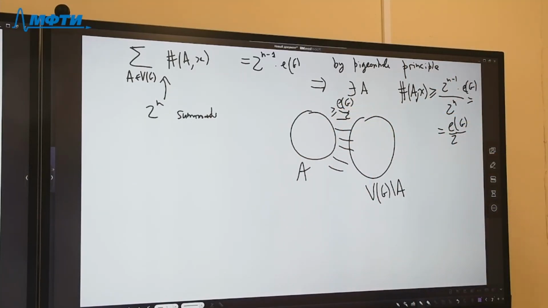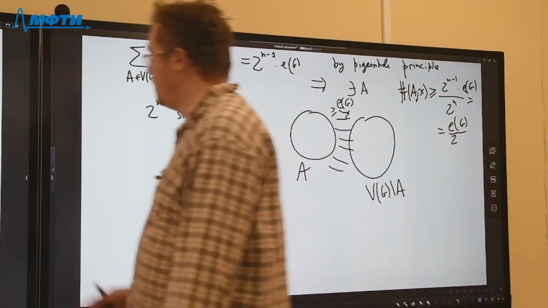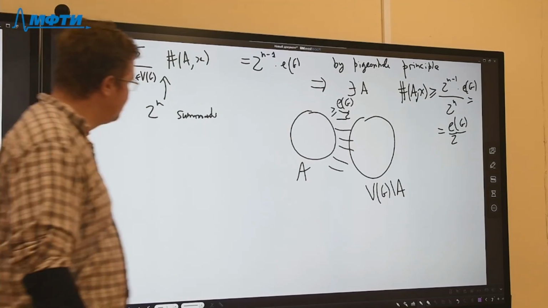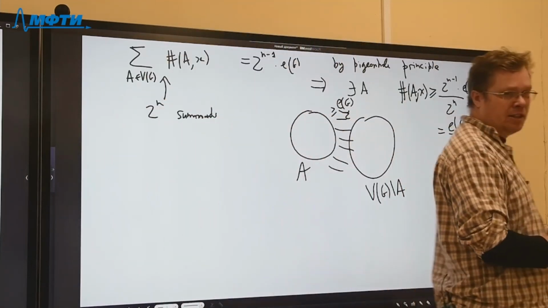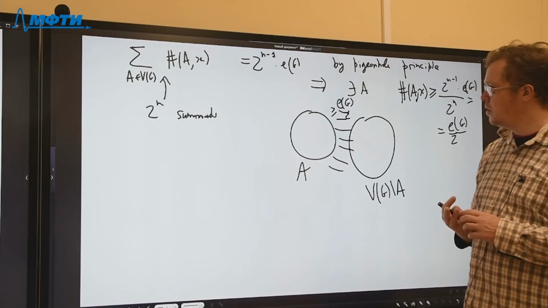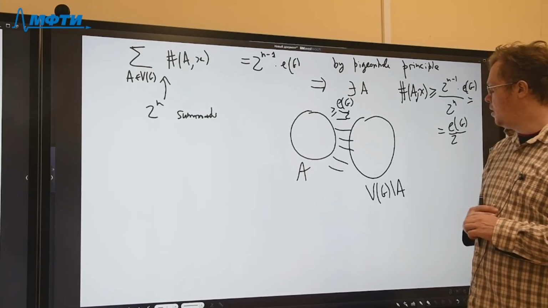From this we can achieve this restriction on graphs without cycles of length 4. So maybe it is not very easy, but we can achieve some restrictions.